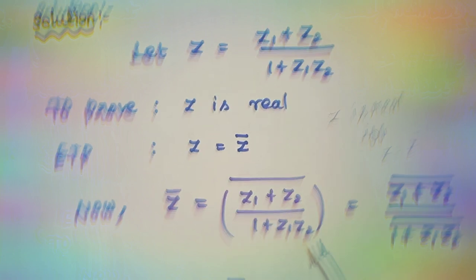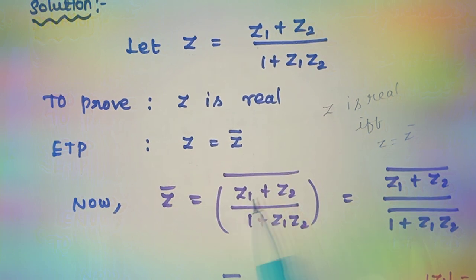Separately we take the modulus: z1 plus z2 the whole bar divided by 1 plus z1 z2 the whole bar. So z1 plus z2 the whole bar means z1 bar plus z2 bar. Here also we use z1 bar into z2 bar.